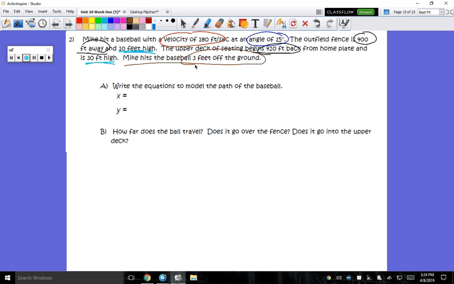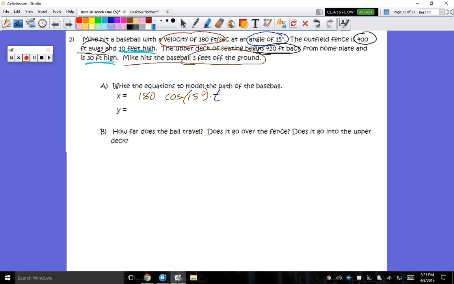Okay? So let's write the equations to model this first. So what would the equations be for the x parameter? What would x be? 180 times what? Cosine 15. Yep. So 180 times the cosine of 15 degrees times t.